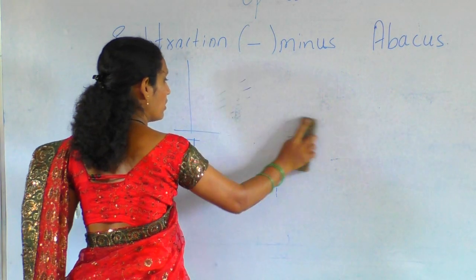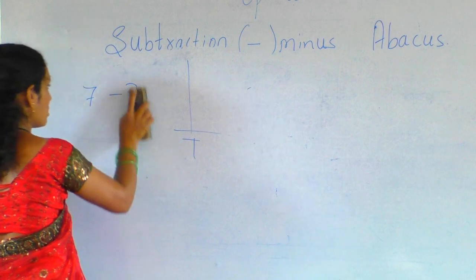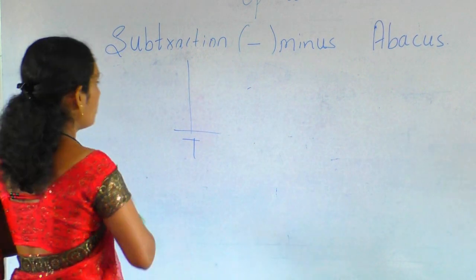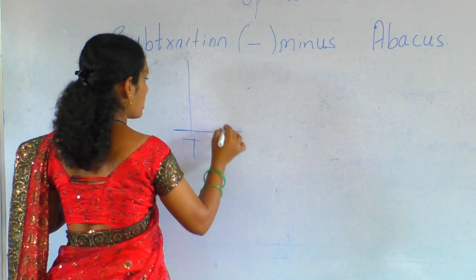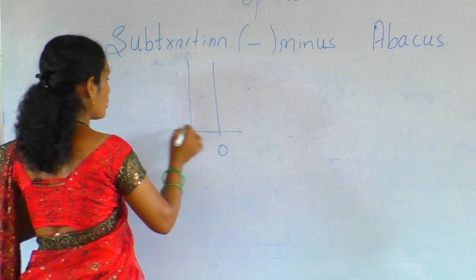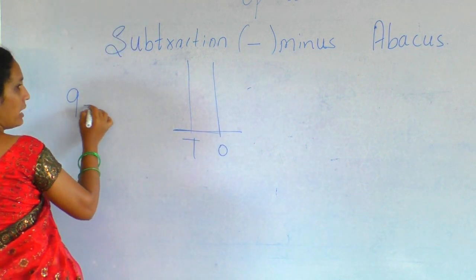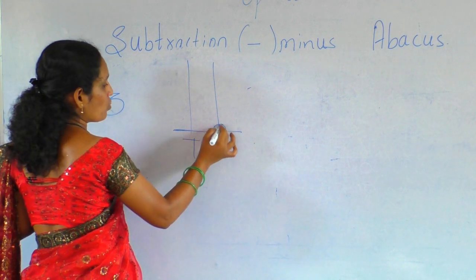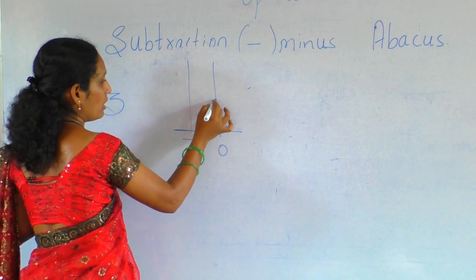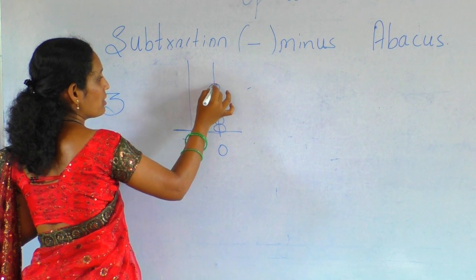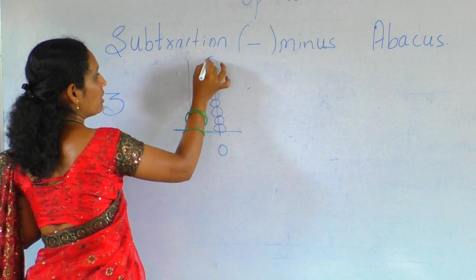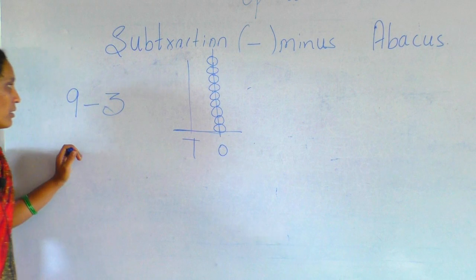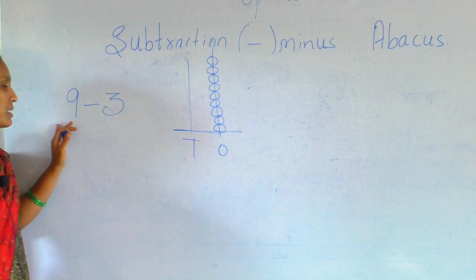9 minus 3. How do we draw? Take an abacus chart. Write the ones and tens places. 9 minus 3. You draw 9 beads in the ones place: 1, 2, 3, 4, 5, 6, 7, 8, 9. There are 9 beads, so the first number is 9.